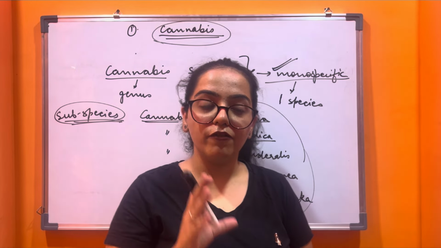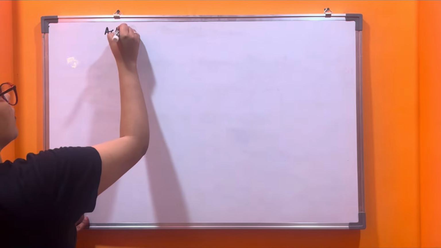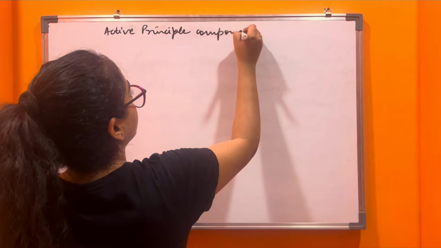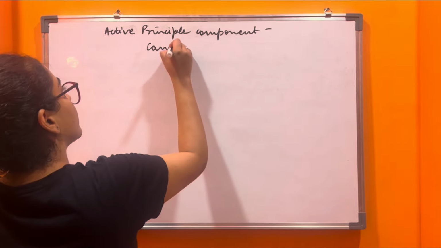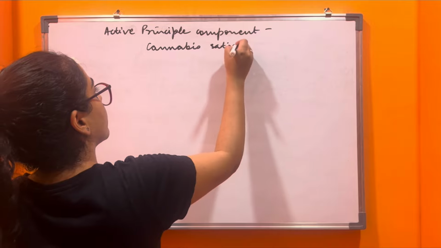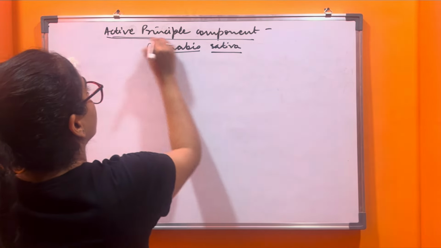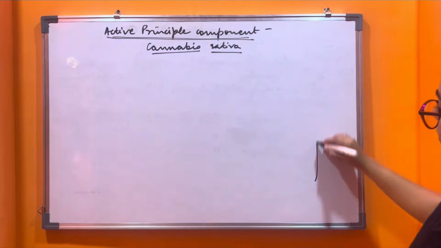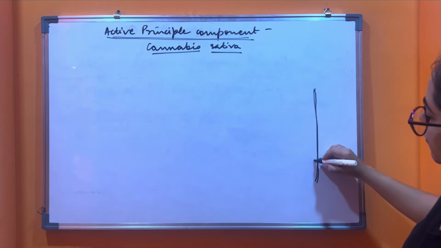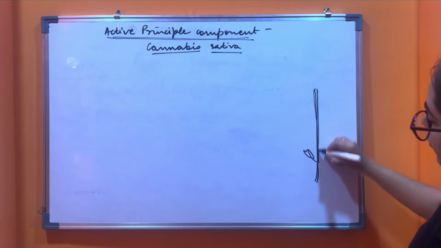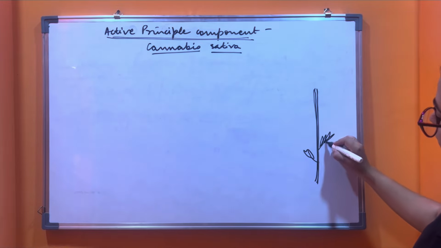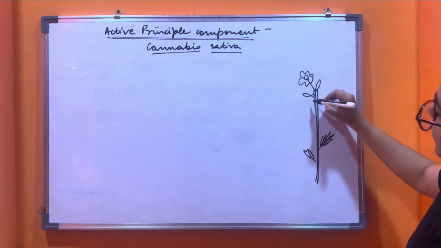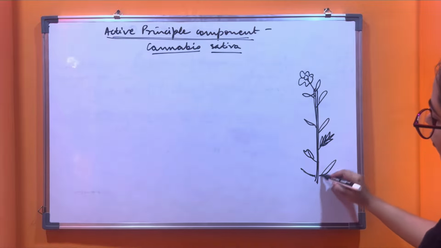What do we mean by the active principal component of the plant Cannabis sativa? अब आप मेरी एक बात समझो, suppose ये एक प्लांट है, I am drawing it as an herb. ठीक है, यहाँ पे it has this stem, ok, यहाँ पे इसकी कुछ leaves and leaflets हैं, ठीक है, यहाँ पे there is a flower, and there are these leaves here also on the top and we have leaves all over and then we have roots.